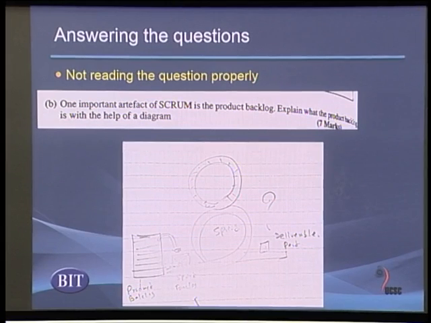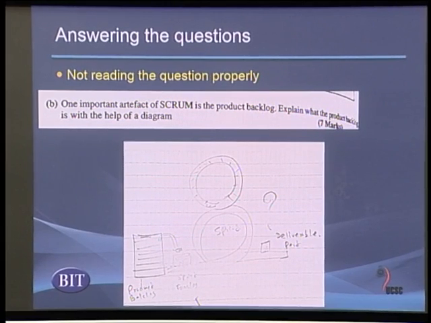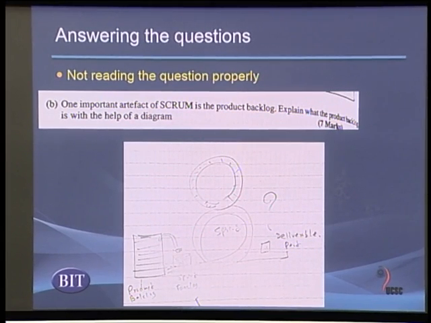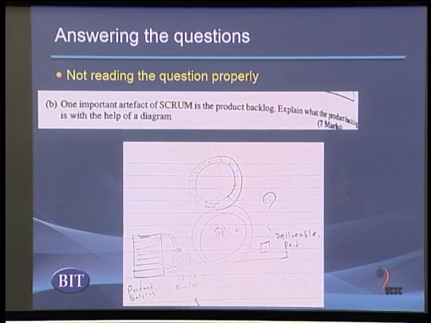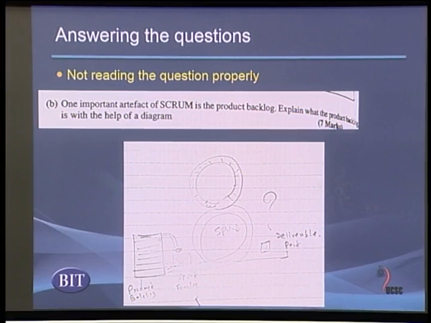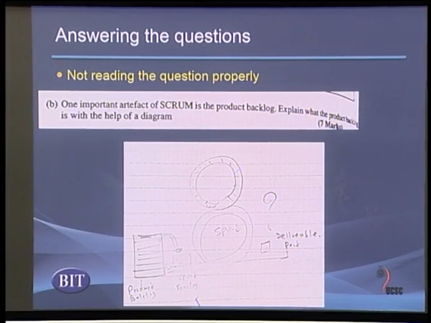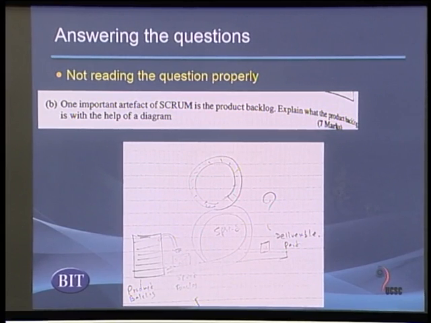The first mistake that most students make is not reading the question properly. Look at this question, and I'm reading: one important artifact of Scrum is the product backlog. Explain what the product backlog is with the help of a diagram. Can you see the diagram drawn by the student? This is actually not the product backlog.